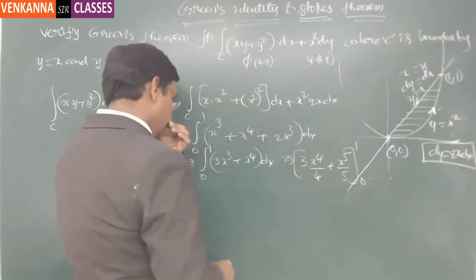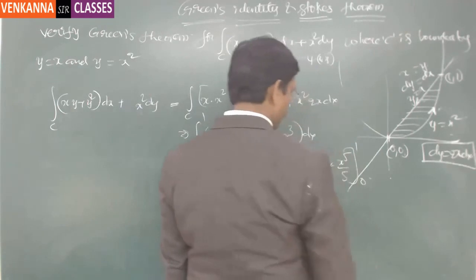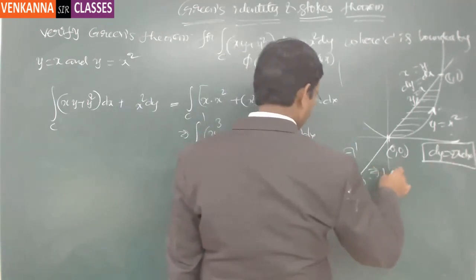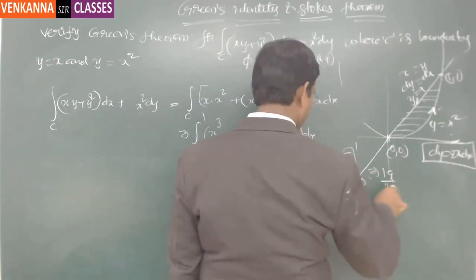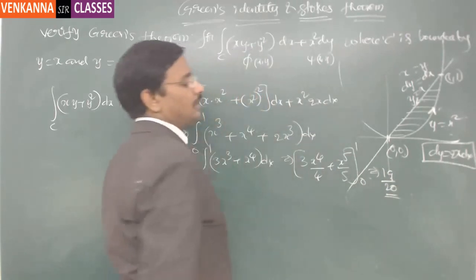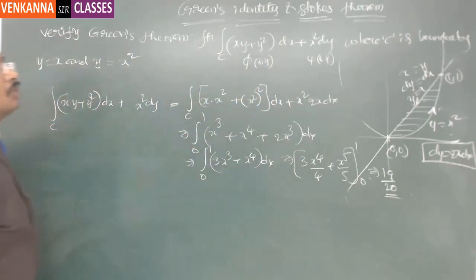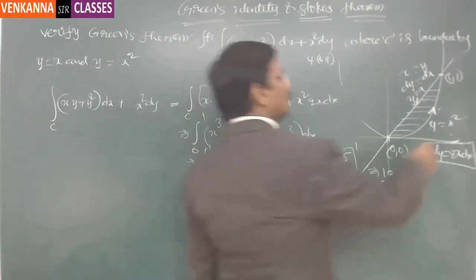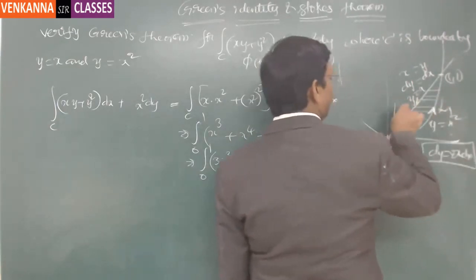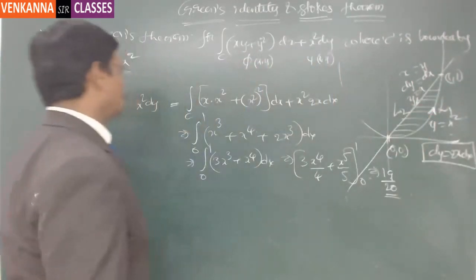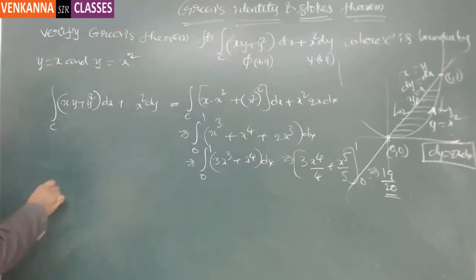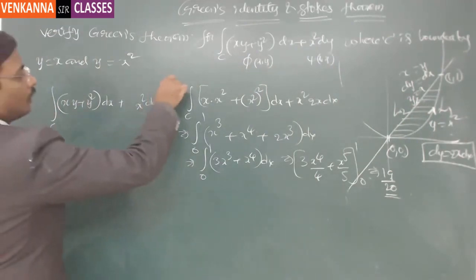So this value is going to be 15 plus 4, so this is 19 by 20. So 19 by 20 is the line integral value over line 1. So this I call line 1, and on line 2, this integral is going to be computed.